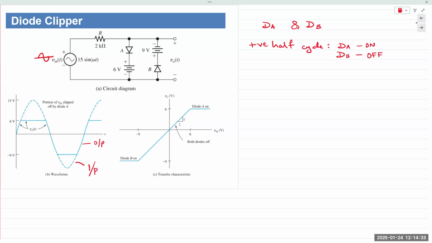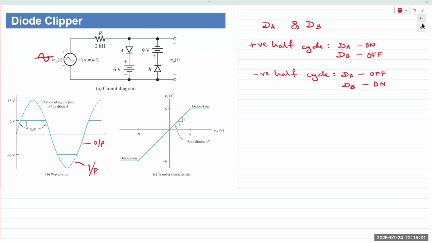And the exact opposite happens in the negative half cycle. In the negative half cycle, diode DA is off and DB is on. So again, ideal diode model is a very straightforward and, dare I say, easy method to quickly analyze circuits.